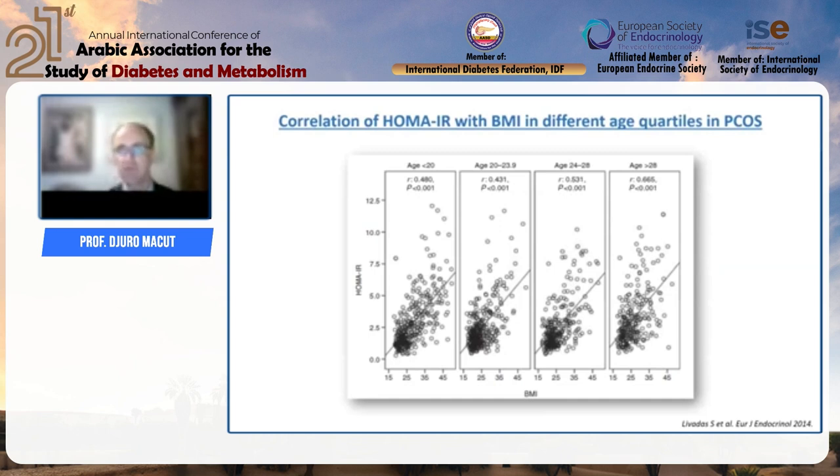If we combine body mass index and aging, we can say that women during aging are deteriorating their insulin sensitivity.